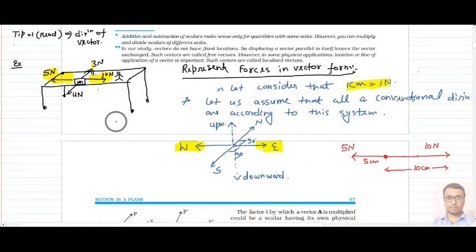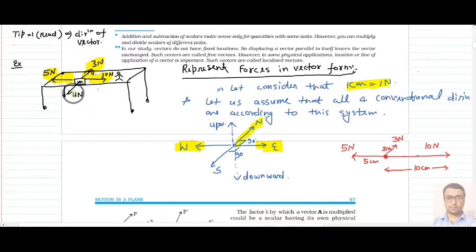Next force we will see now is 3 Newton. You can see here its direction is towards north. So for 3 Newton we have to make a line of 3 centimeter in this direction, and this will be your 3 Newton force.